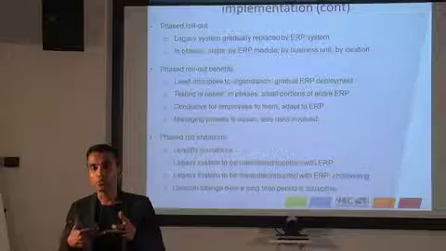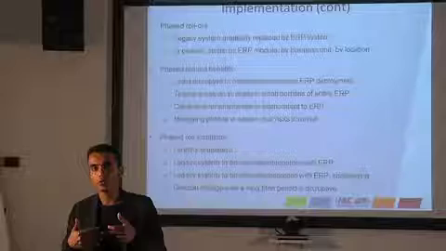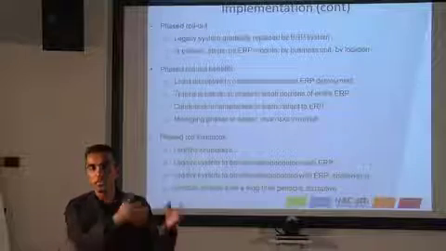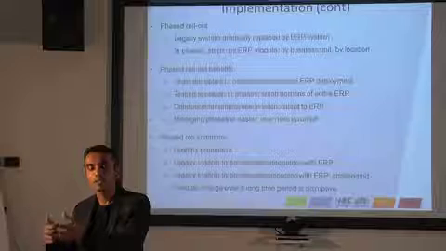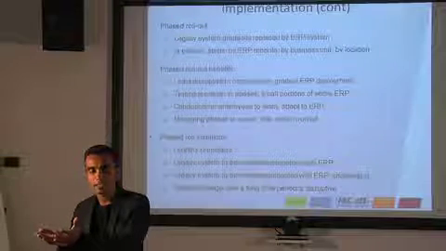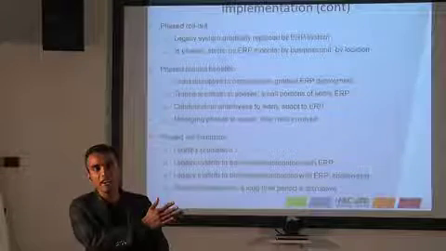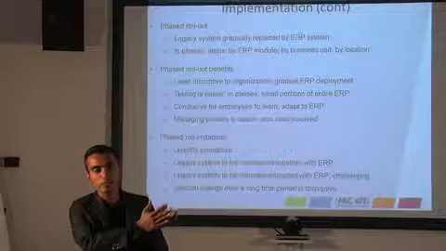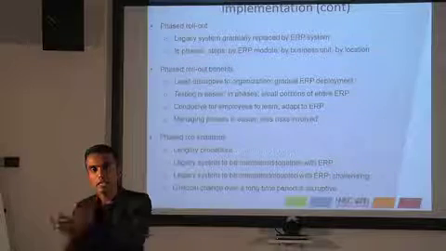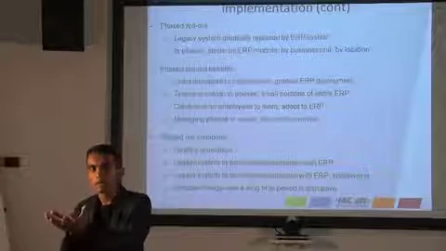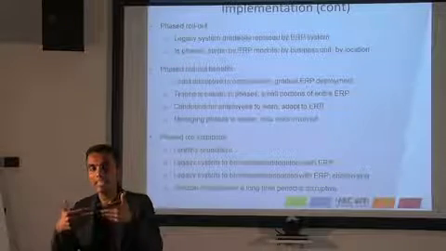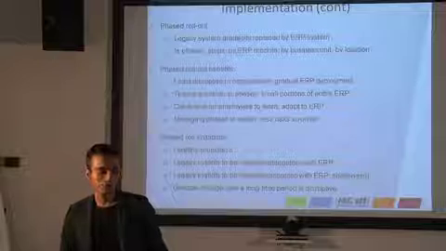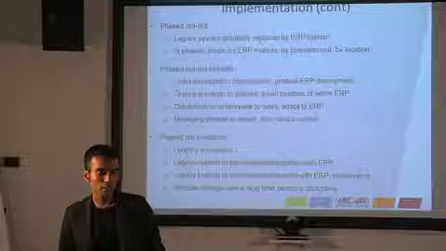And you have to build some interfaces to integrate the ERP system and the modules which are still running in the legacy system. For example, I may have my ERP system for doing sales and production, but in my legacy system I might still be using it for the procurement. So it means I have to link or connect these two systems, and this can lead to very technical challenges.